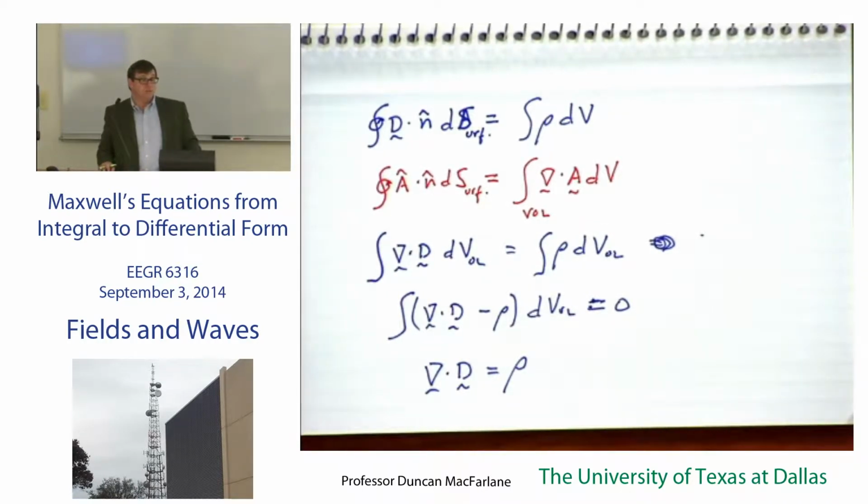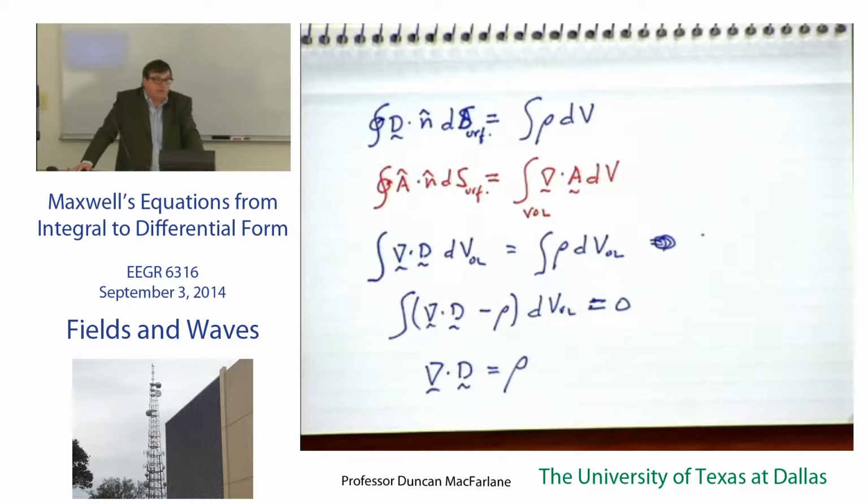Okay. And this is now a differential equation, first order, in space, partial, with a forcing term. Rho is the forcing term, the driving term. It's a simple differential equation, but I'm sure we can find some rhos that kind of make our life a little bit more interesting. Now we've thrown away information.